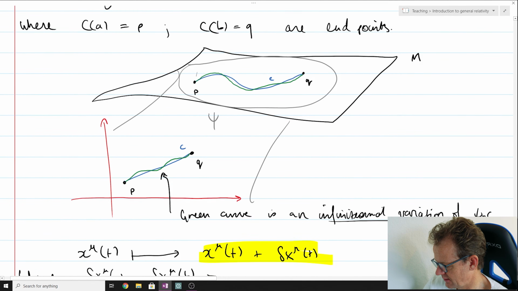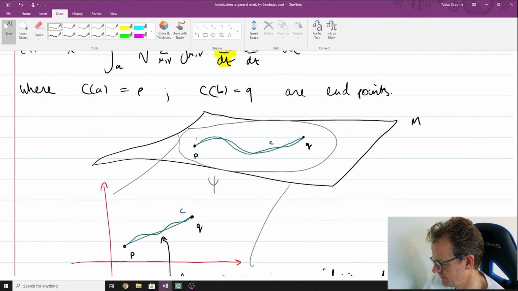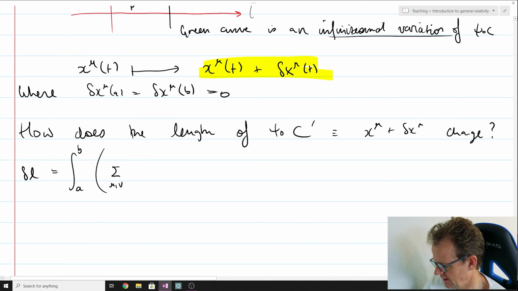So if you substitute now the new coordinates of the new curve, the varied curve, into our expression for the length, well, then you get a new length, right? Length depends on the curve.